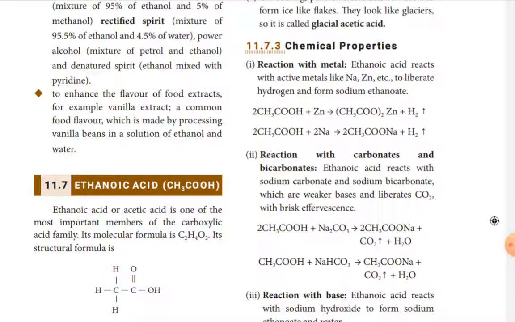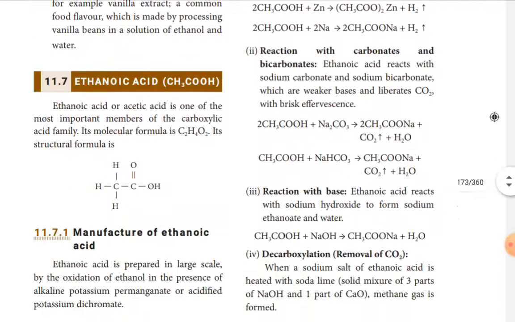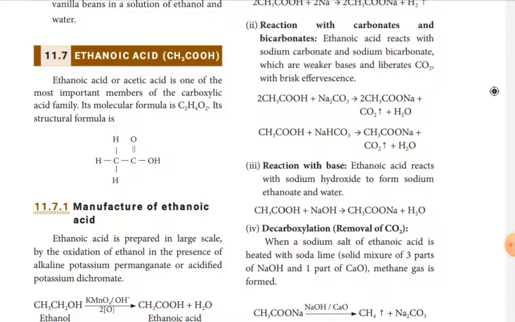Then next one, that is ethanoic acid. Ethanoic acid, also called acetic acid. CH3COOH is the molecular formula, and here CH3, so 2 carbons are here, so the root word is eth, and the parent hydrocarbon is ethane, and replacing the E from the ethane, addition of O is the acid, we will get the IUPAC name, ethanoic acid.